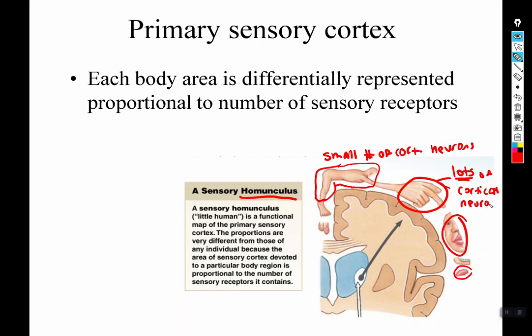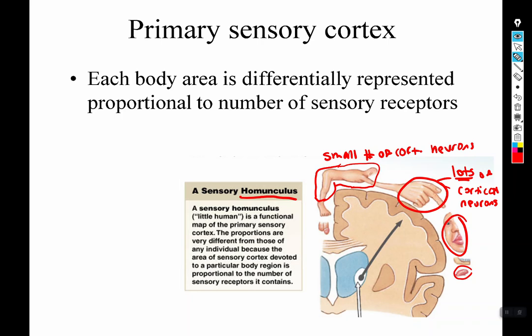So the number of sensory receptors in the area, so you have a lot in your hands, a lot in your face, because our face and our hands are how we interact with the world. And then, you don't really tend to determine information or absorb info from your back very much, so that's smaller by comparison.